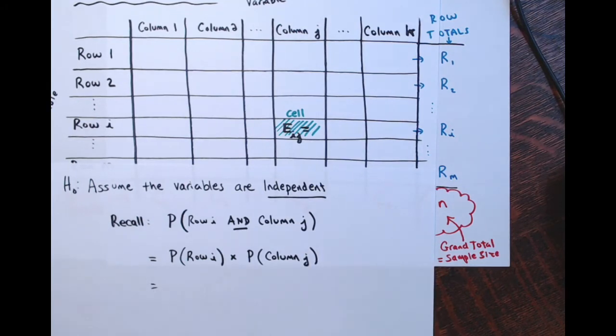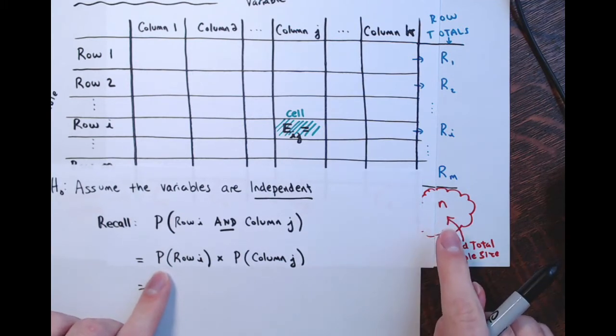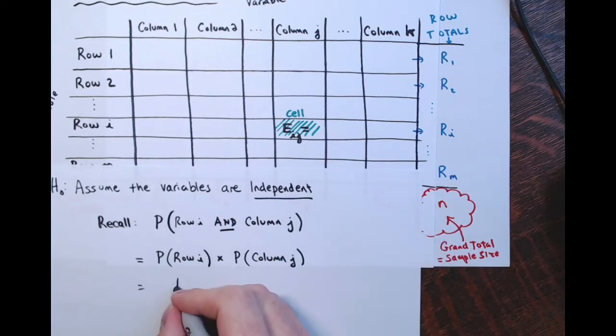And let's think about this. Remember, there are n people total. If I select a person at random, the probability that they're in row I would be the row total for I, which I'm calling R sub I, divided by n.